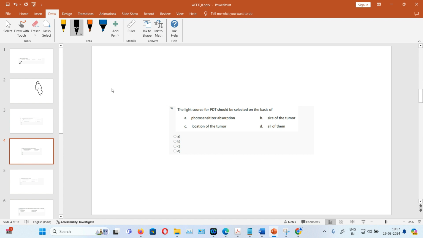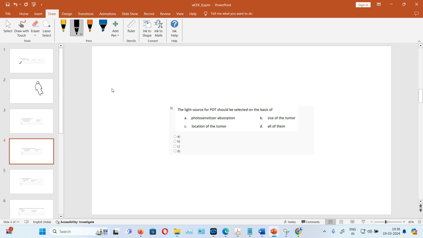When light is irradiated, the photosensitizer should interact with the light and absorb it, and it will become an active molecule which will create a lot of free radicals, either oxygen free radicals or OH free radicals, which will be useful for destroying the cells it is attached to.